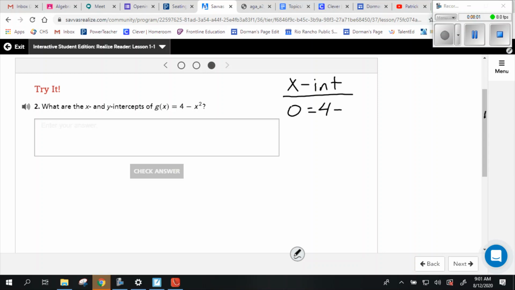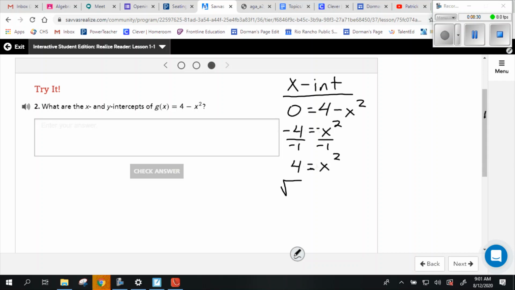I'm going to subtract 4 from both sides, and I wind up with negative 4 is equal to negative x squared. I don't like all those negative signs, so I'm going to divide both sides by negative 1. Negative 4 divided by negative 1 is positive 4. Negative x squared divided by negative 1, because a negative divided by a negative is a positive, gives me x squared. I can solve this by taking the square root of both sides.